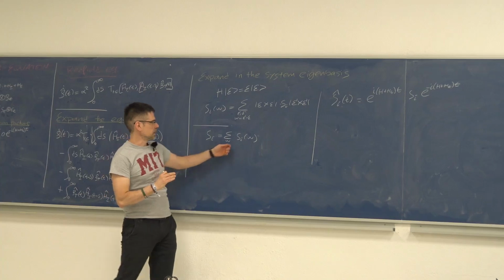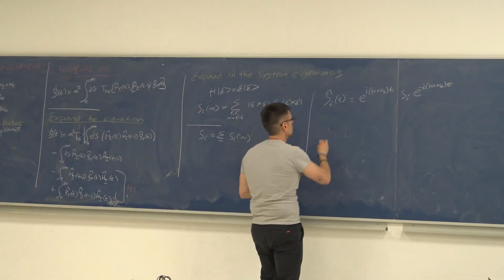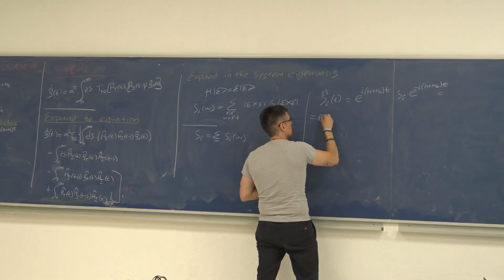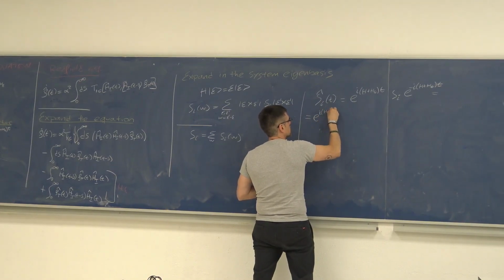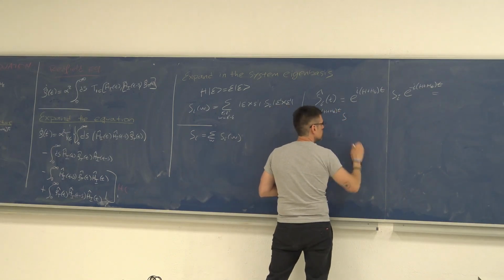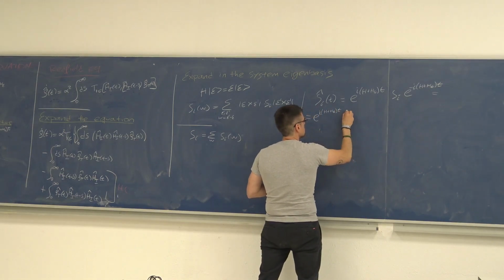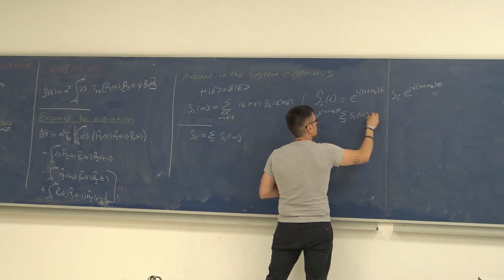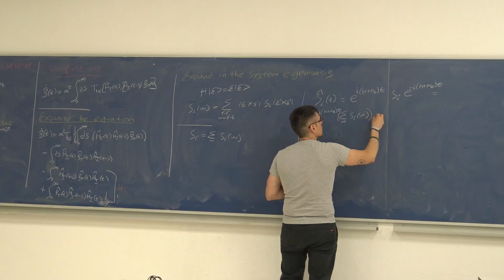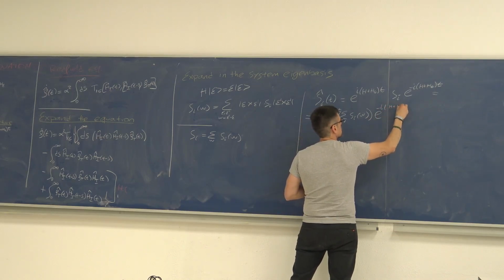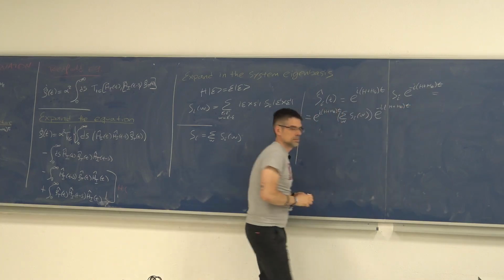And if we want to expand it this way, this is equal to exponential of i(H plus H_E)t, summation of S(omega), and the exponential of minus i(H plus H_E)t.